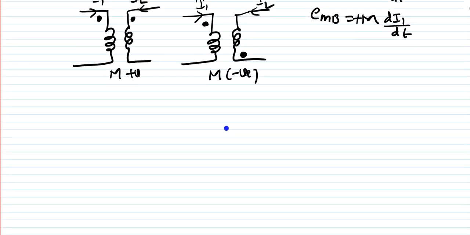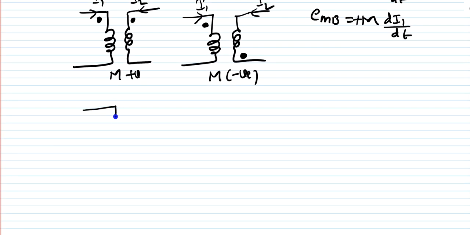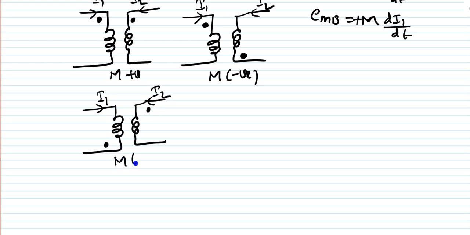This is one scenario. Similarly, you can take another scenario here. Again this is I1 and this is I2, entering in one coil and leaving the other. So the current is leaving in coil 1, and here again M is a negative value.